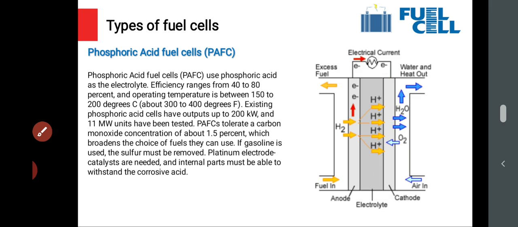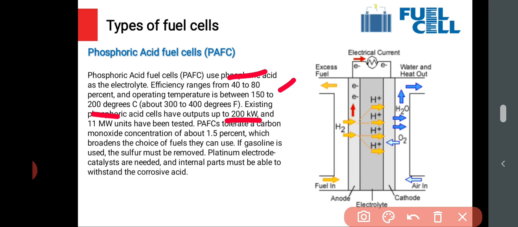Next comes the phosphoric acid fuel cell. This is again another type of fuel cell that operates in a low temperature range. The temperature of these fuel cells is around 150 to 200 degrees centigrade. Efficiencies vary from 40 to 80%, and the output is from 200 kilowatt to 11 megawatt unit, and this has been used to tolerate carbon monoxide concentration of about 1.5%, and that's why it can absorb carbon monoxide also.